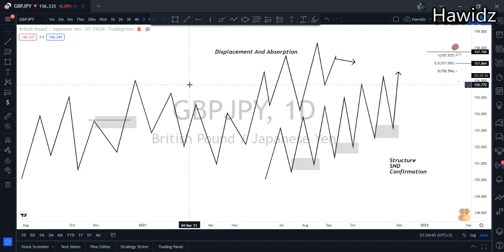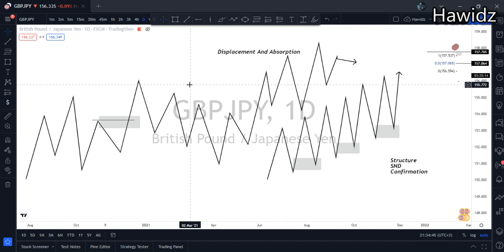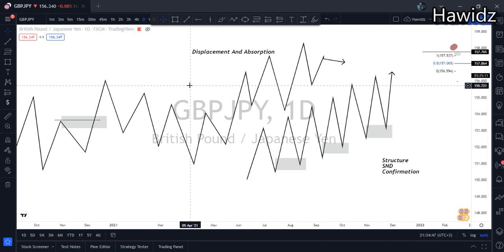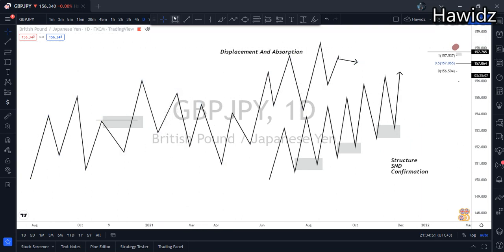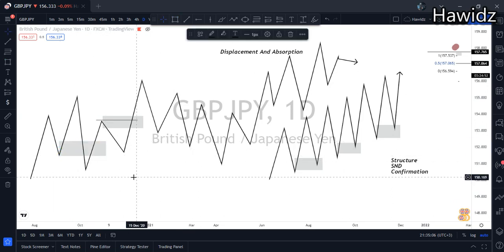So that is the general idea of displacement, while absorption is the fake move, I can say, like a fake move which traps or takes out traders, right? For example, you had maybe an uptrend, right, where you were looking to sell from here, right?